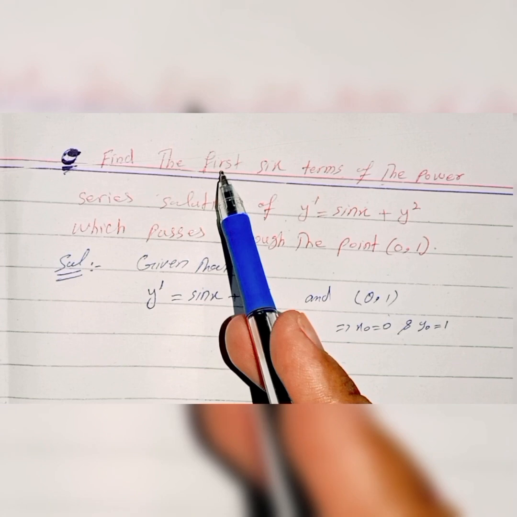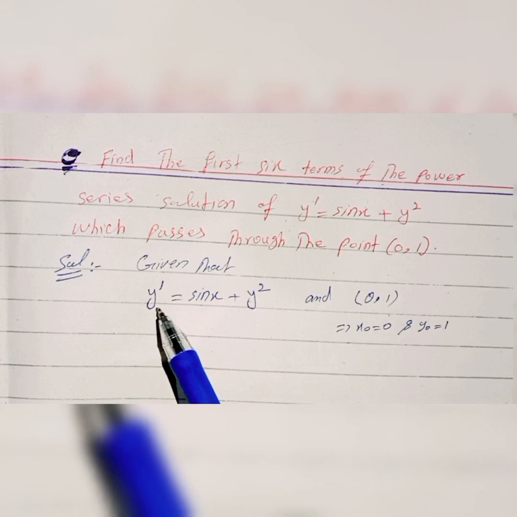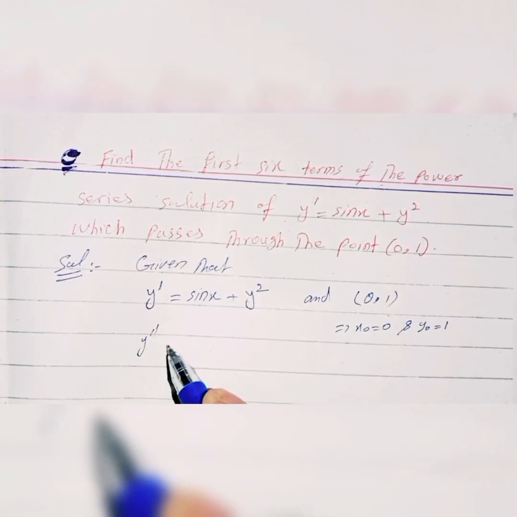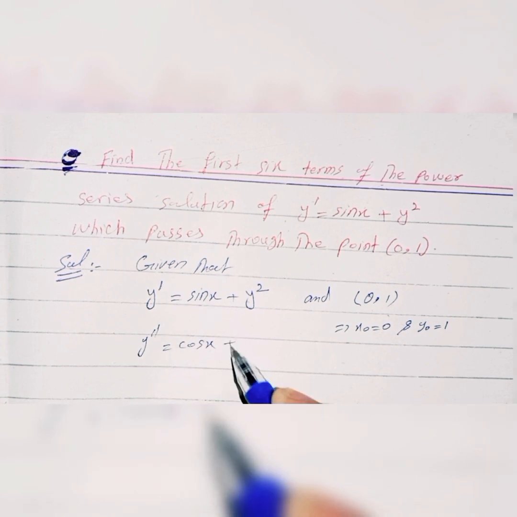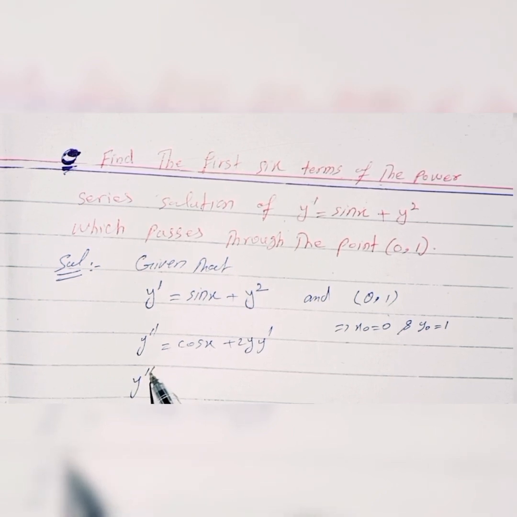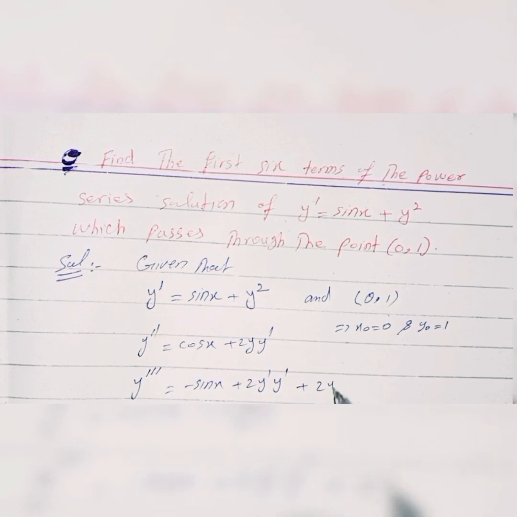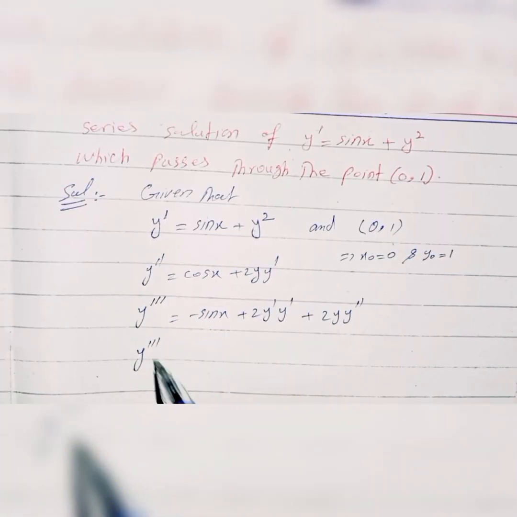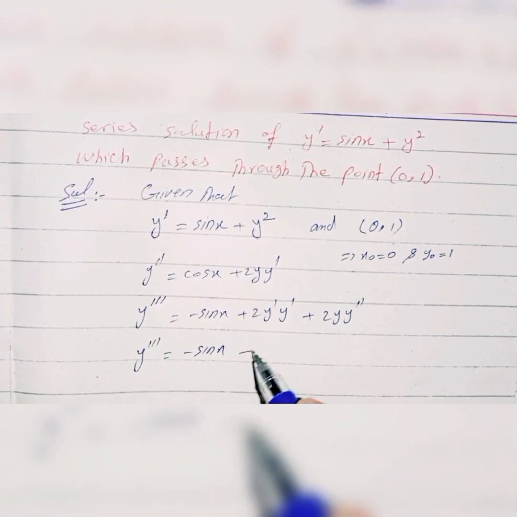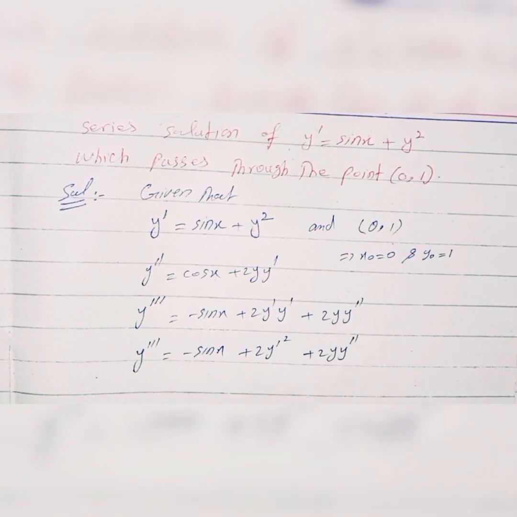Since we have to find the first 6 terms, therefore first we find five derivatives. Like y double prime is equal to cos x plus 2y y prime. Again taking derivative with respect to x, y triple prime is equal to minus sin x plus 2y prime square plus 2y y double prime.